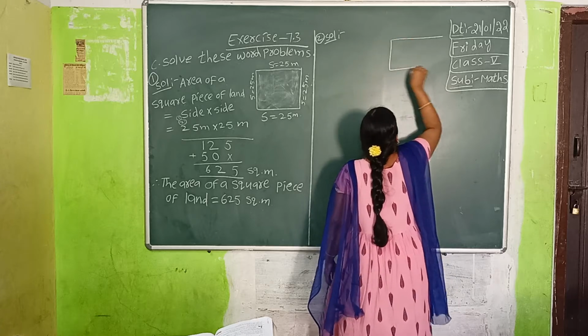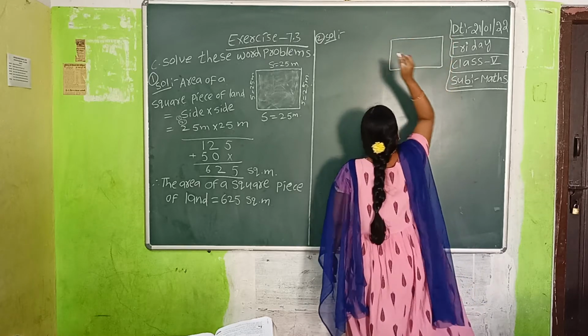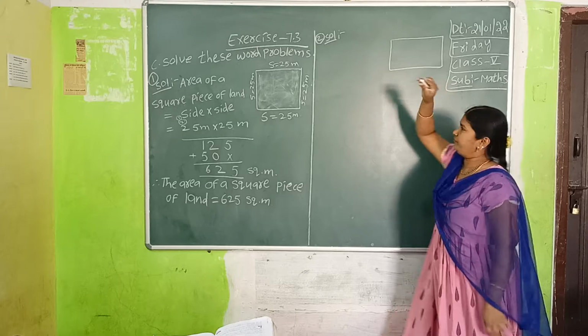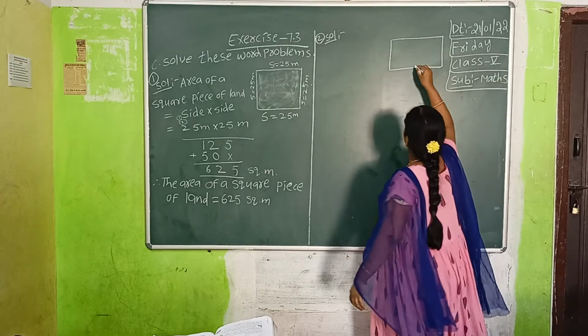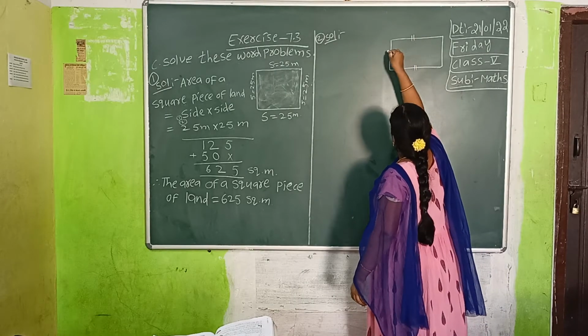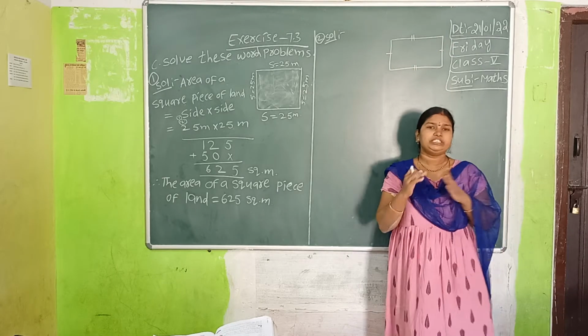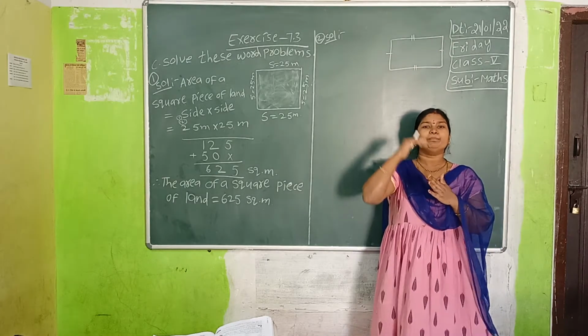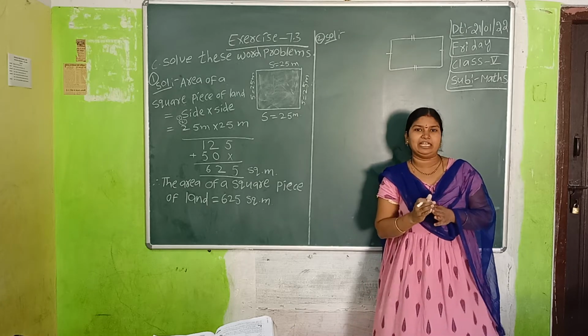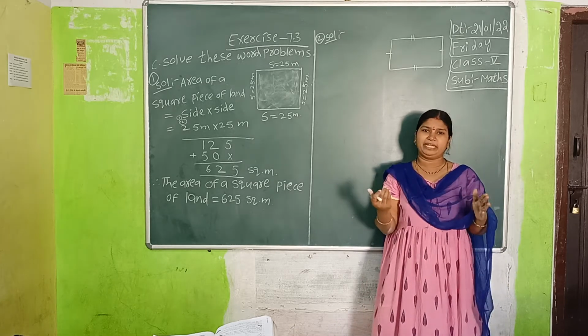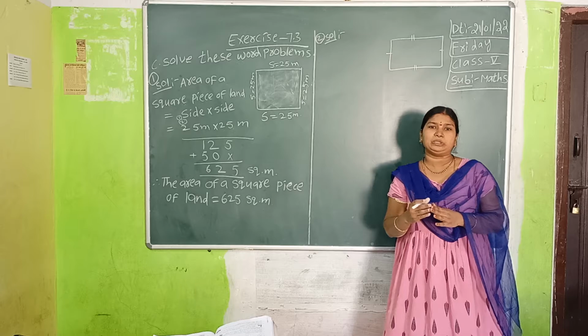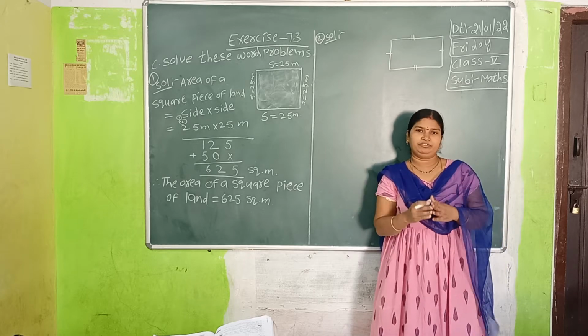What do you mean by rectangle? The figure which has opposite sides equal. This side same, this side same. The figure having opposite sides equal in length and breadth is known as a rectangular figure.